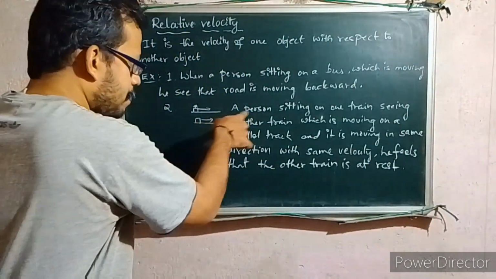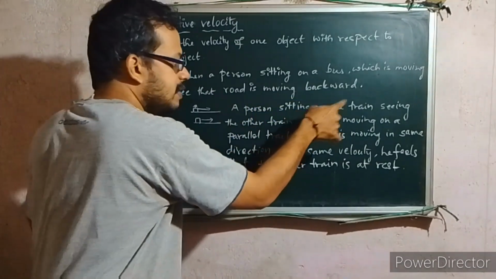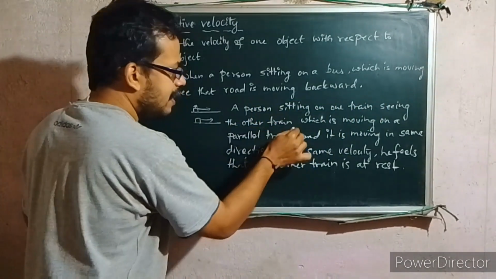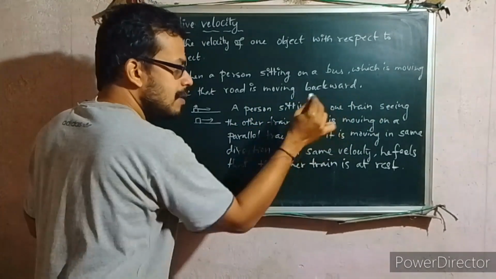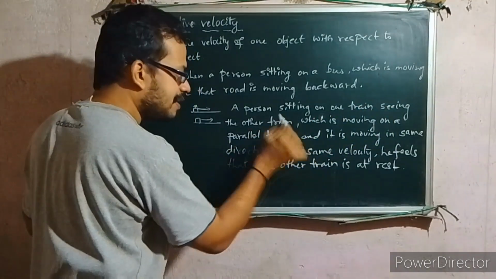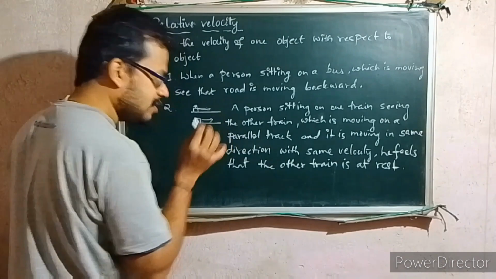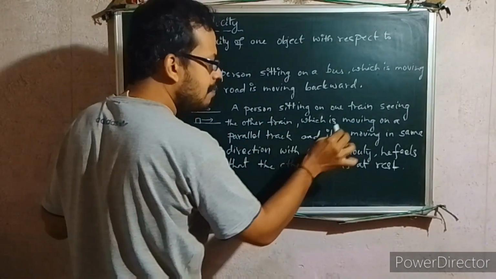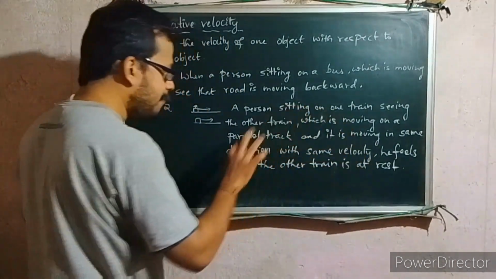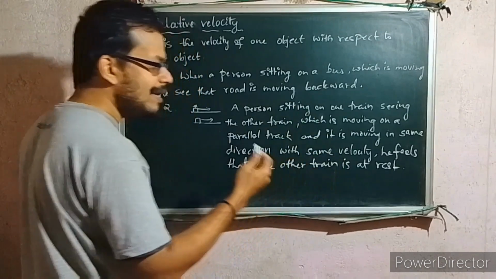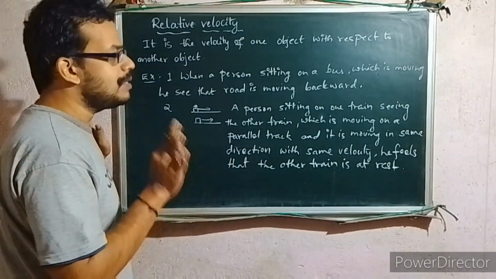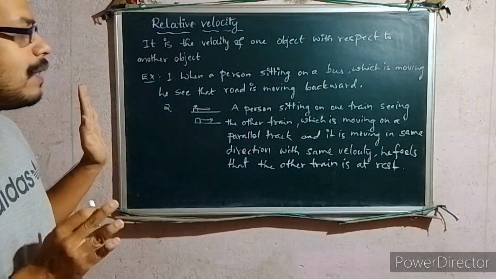So what is it? A person sitting on one train, seeing the other train, which is moving on a parallel track, and it is moving in same direction with the same velocity, he feels that the other train is at rest. This is due to relative velocity.